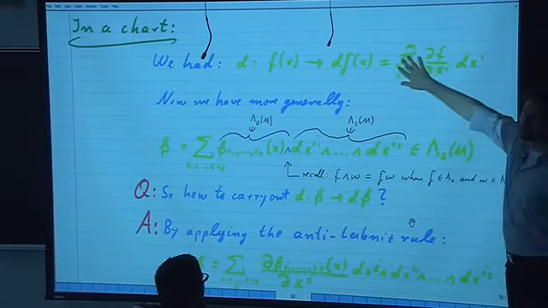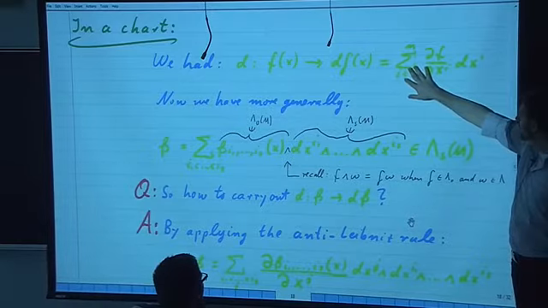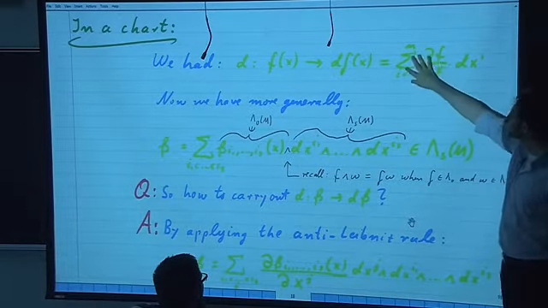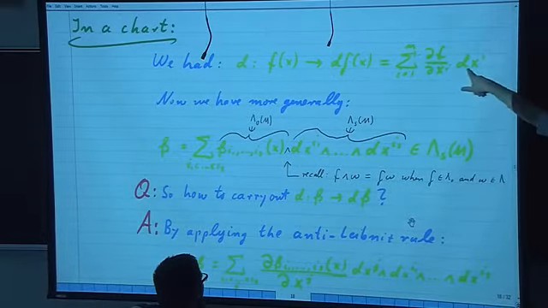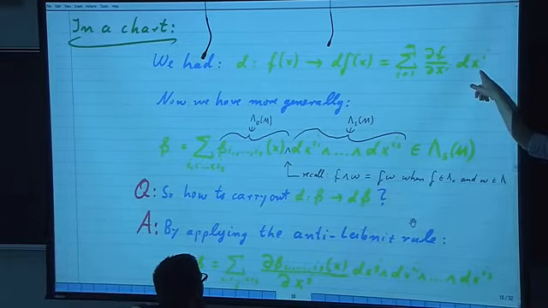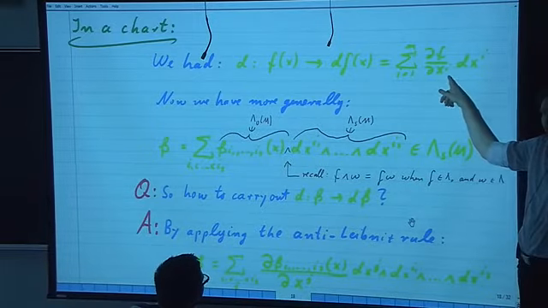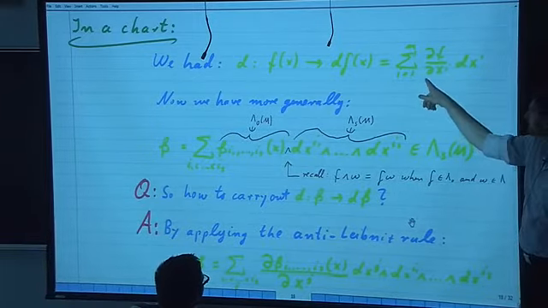That is a one form. By the way, let me remind you of what exactly the structure of this is. This, you recognize, is a basis vector in the cotangent space. What is that? That's a function. In other words, it's a zero form.